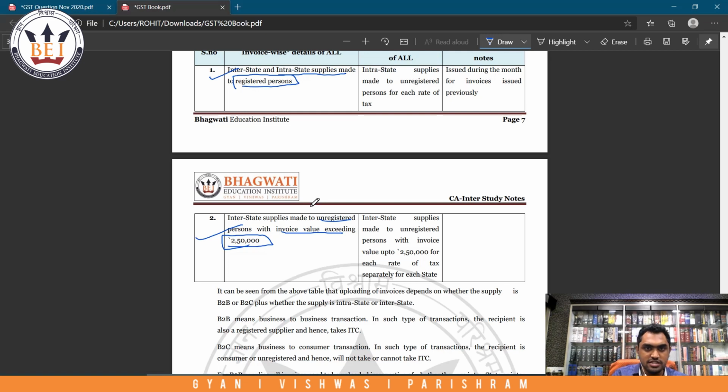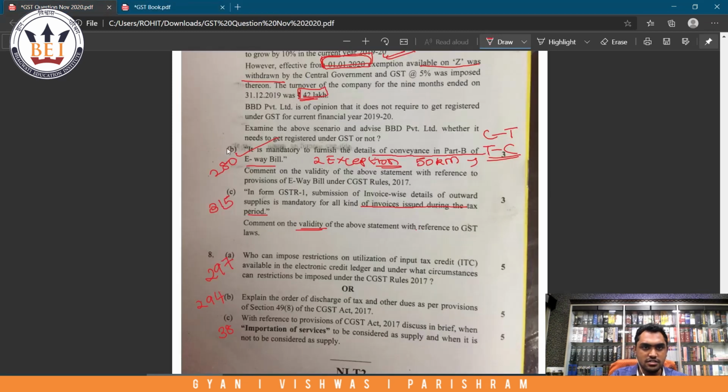Only in these two cases invoice-wise details is required. So in all other cases invoice-wise details is not required.